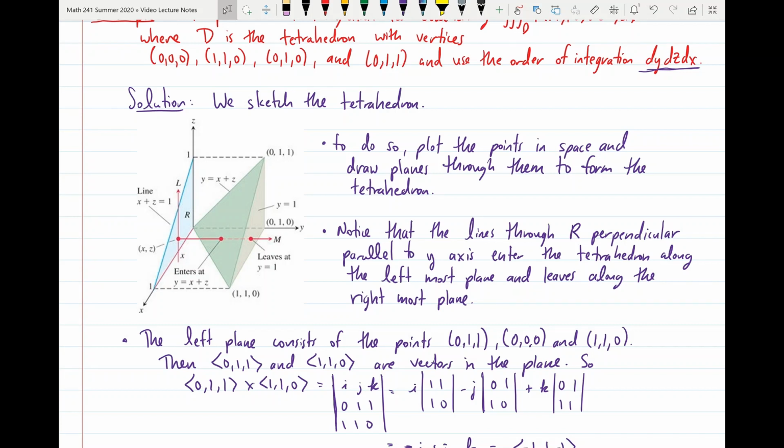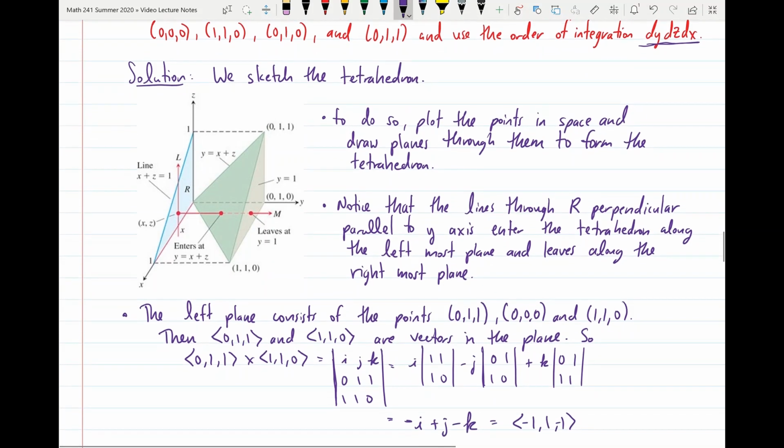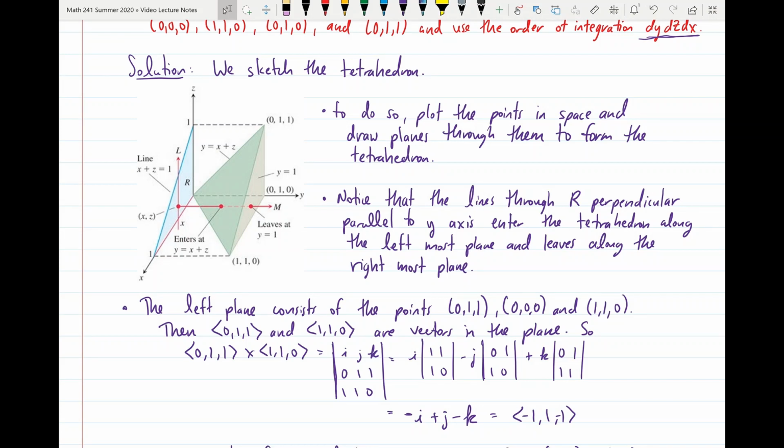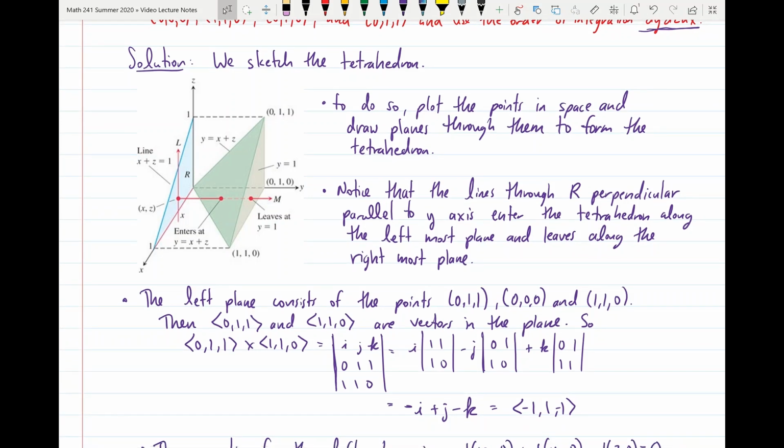You would plot the points that are given to you in space, and then draw planes through those different points in such a way that you can form the tetrahedron. It's going to be somewhat messy to draw, but it can be done well enough to get an idea of what the limits of integration are going to be. But I chose the book's picture because it's just going to look much nicer than the one that I would draw.